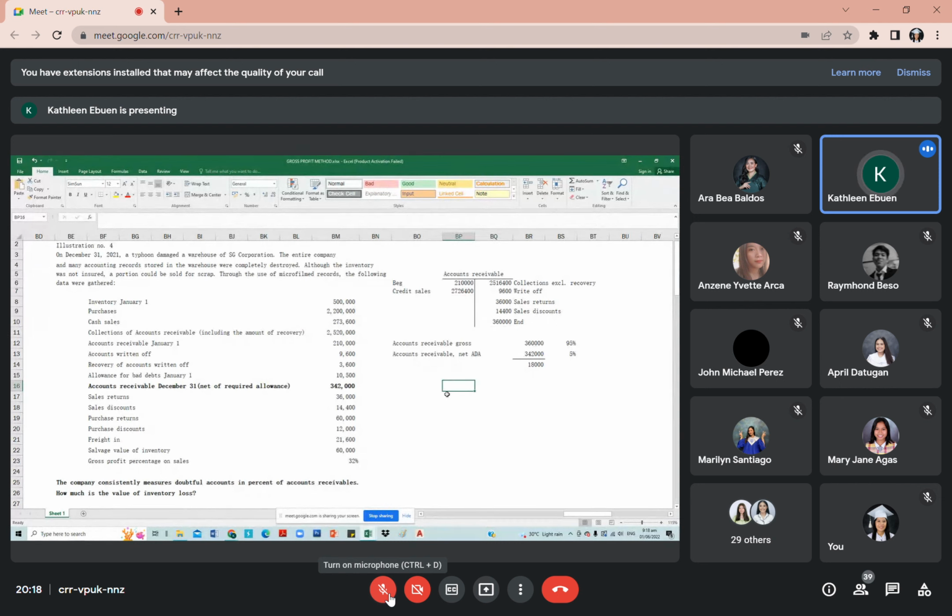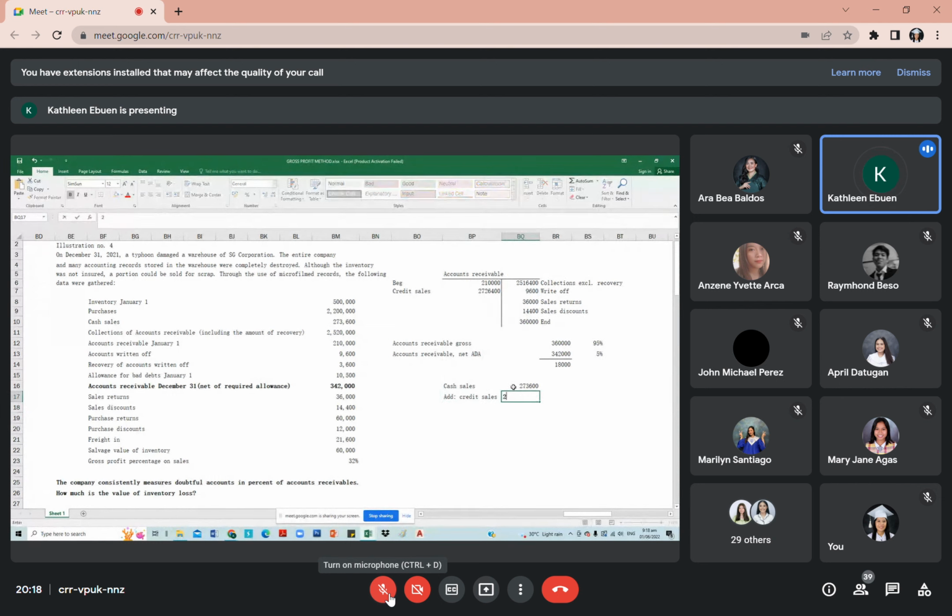So therefore, kukunin na natin si total sales. We have the cash sales, 273,600. We will add the credit sales para makuha natin si total sales.